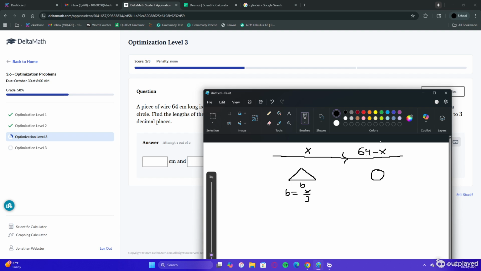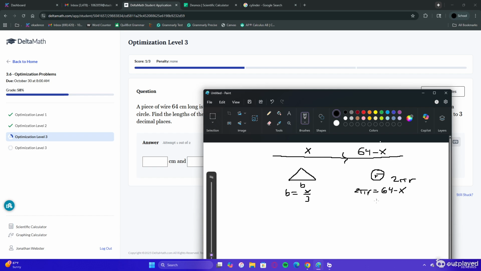Alright, and the circumference of a circle is 2 pi r. So we have to find that in terms of r. So 2 pi r equals 64 minus x, because that's what's being used to make the circle.